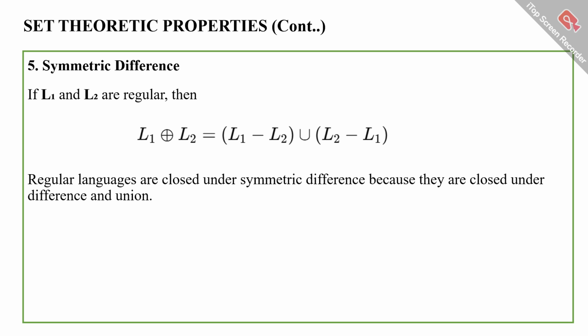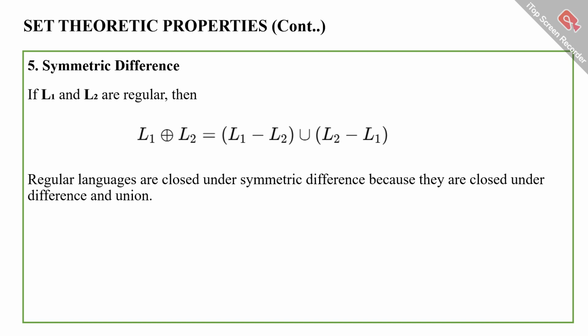The common elements between A and B are 3 and 4. We remove those, and the remaining elements in set A, that is 1 and 2, are A minus B, L1 minus L2. So 1 and 2 is A difference B, and for L2 minus L1, again we remove the common elements, leaving 5.